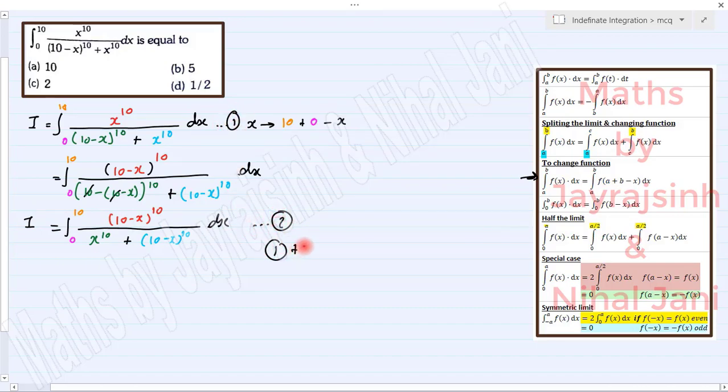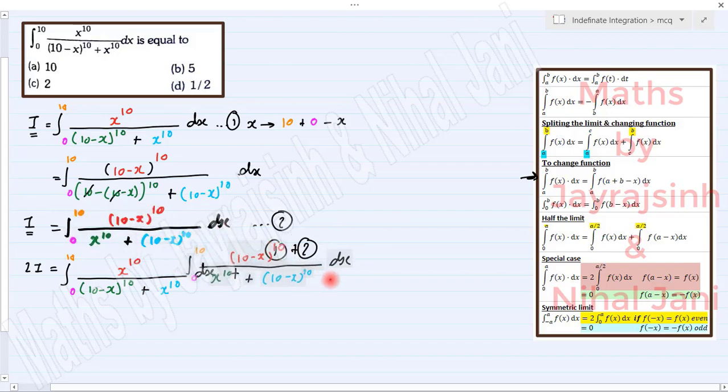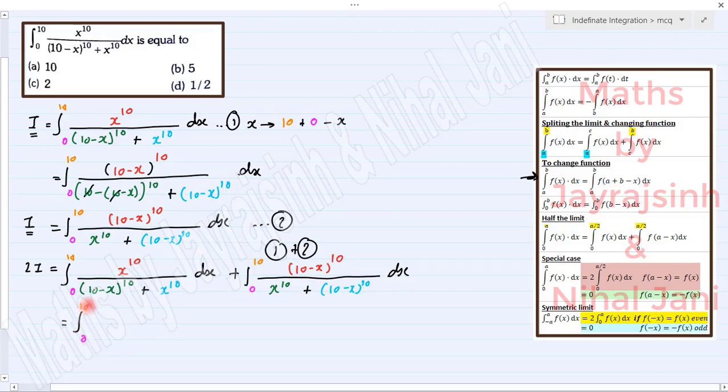Let's add both equations. On left hand side we have I plus I. So here we'll get 2I. And for right hand side, you have to add right hand side of first equation and right hand side of second equation. Now here the denominator and limit is same.